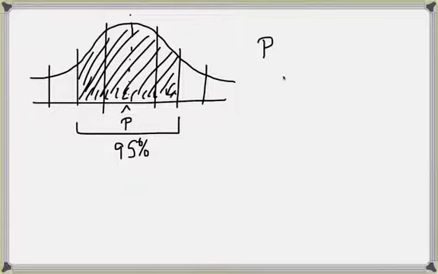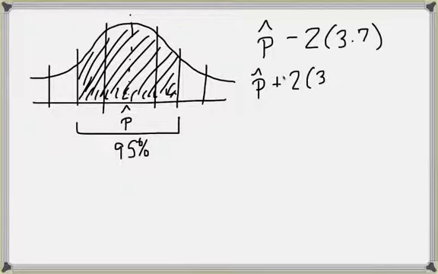So we're going to do our p hat value minus 2 of our standard deviations. Our estimate for our standard deviation that we found was 3.7. Then we have to do p hat plus 2 of our standard deviations. And this is going to give us the value for right here and here. So that's going to tell us the 2 values that we're confident that p is going to fall in between.